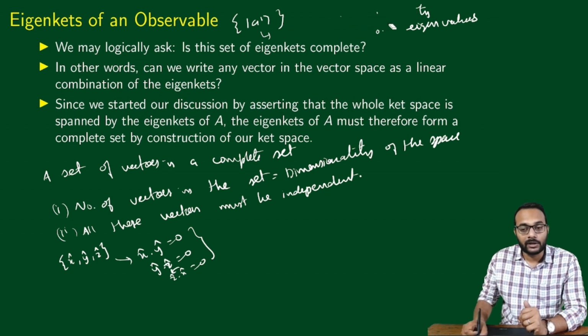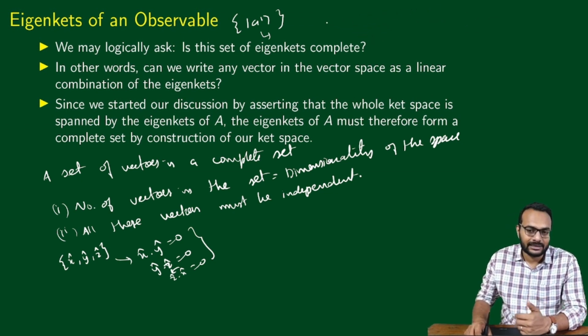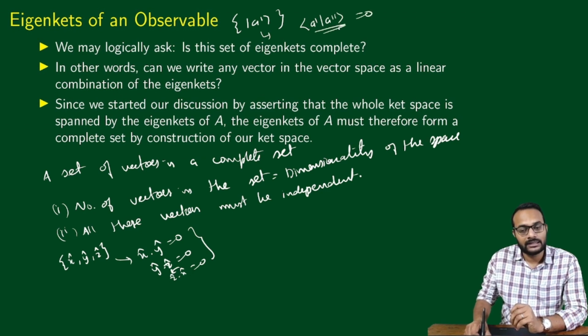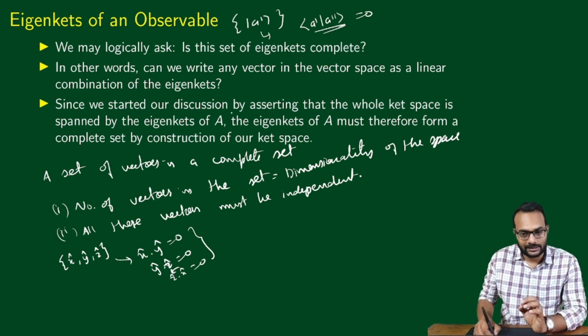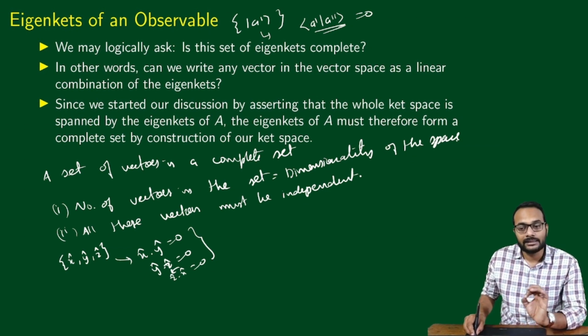Now, are they orthogonal? Yes, they are orthogonal. Or are they independent? They are independent, and this independence is guaranteed by the orthogonality. We already saw that this condition is also satisfied. So these two conditions are satisfied. The number of kets in this set is equal to the dimensionality of the space. This is true by construction.